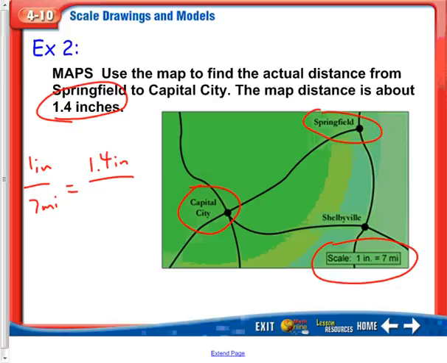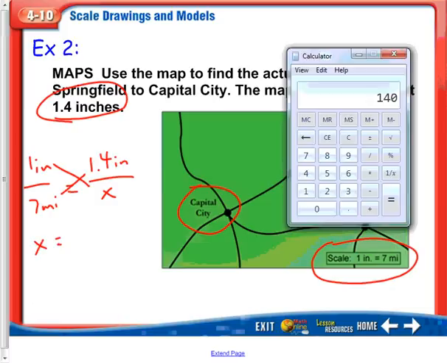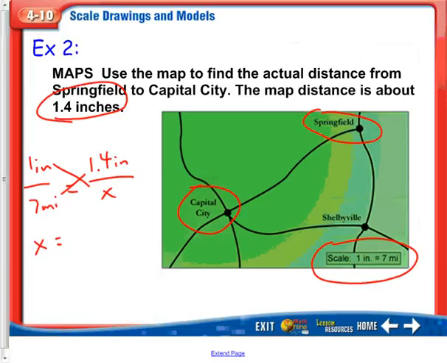So I put that on top because that matches my inches, and I'm looking for actual distance. So here, if we cross multiply, I get x, and I'm going to do 7 times 1.4. Since this is a 0.4, we'll go ahead and grab our calculators. So 7 times 1.4, and that equals 9.8 miles.